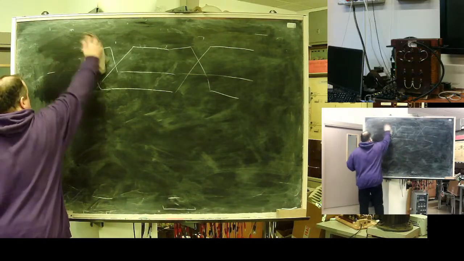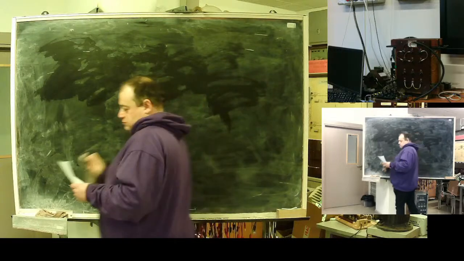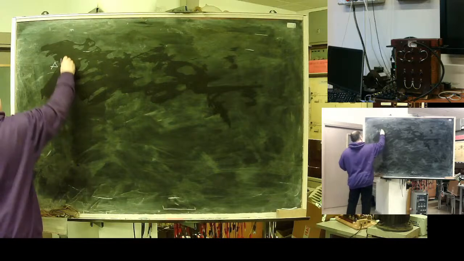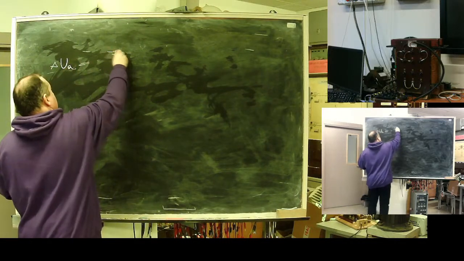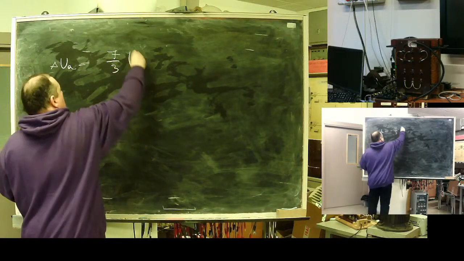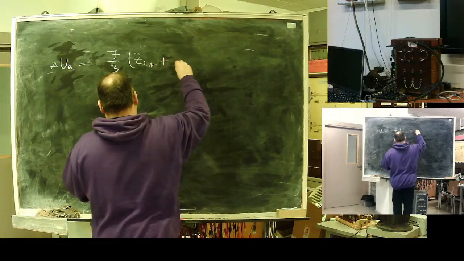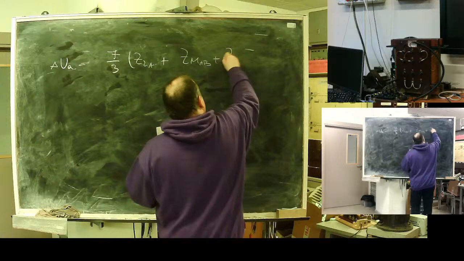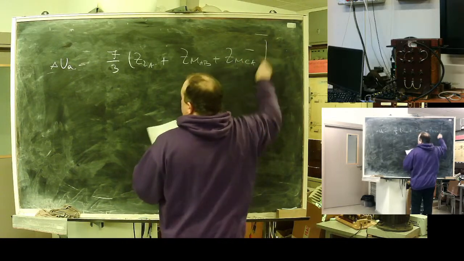For the first one, I will have for A phase 3 A plus Z mu AB plus Z mu CA. Yes?